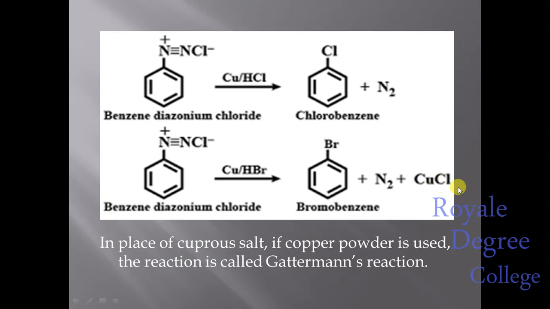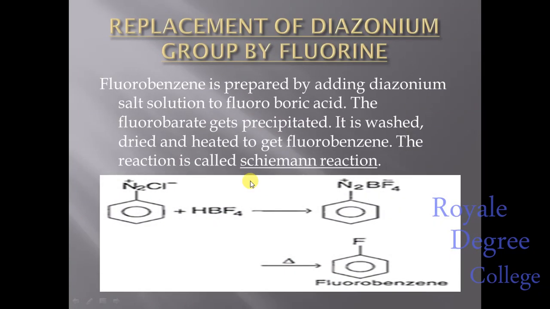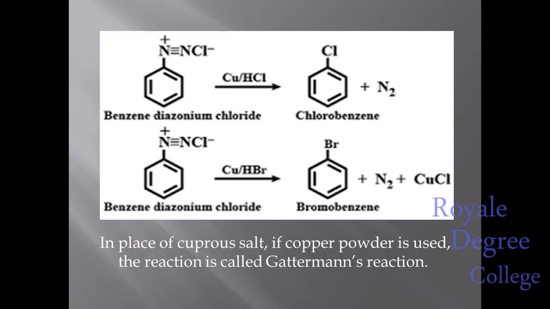Then this Br remains here. This Br is going to attach to the benzene ring and we are getting bromobenzene. And this hydrogen is also coming out as H+. So in place of the cuprous salt, if copper powder is used, the reaction is called Gattermann's reaction.